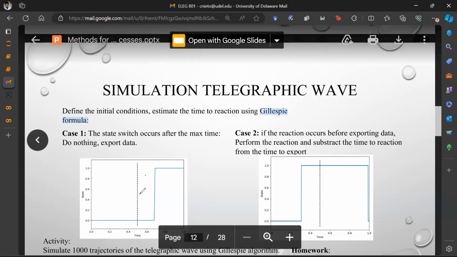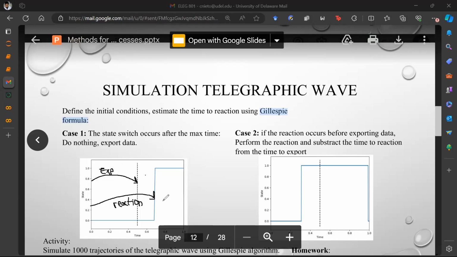Next reaction is going to occur here at time 0.7 approximately. This is the reaction, and this is the exporting data.